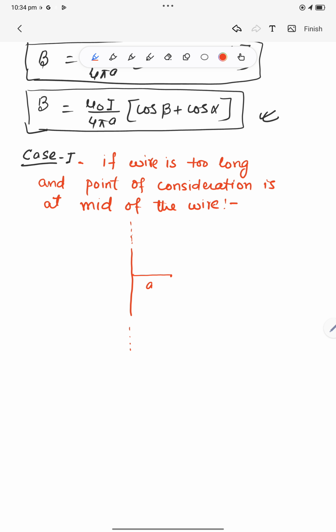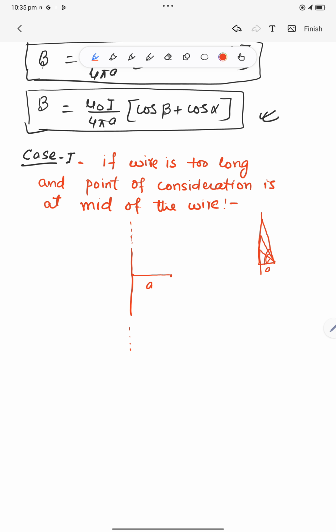This distance is a. When we increase the length, let's say here is the length and here is the distance a, and this is the phi 1 angle. When we increase this length, this angle will also increase.